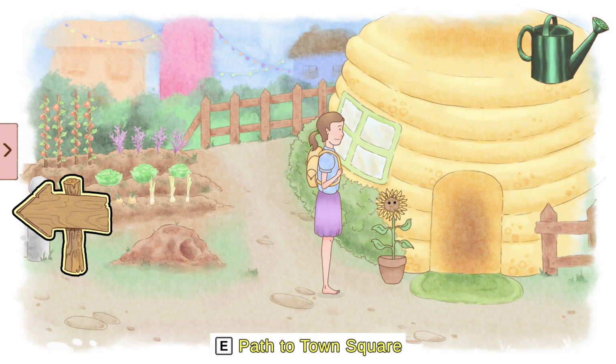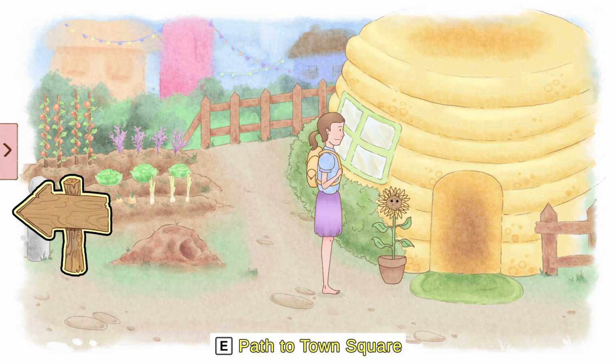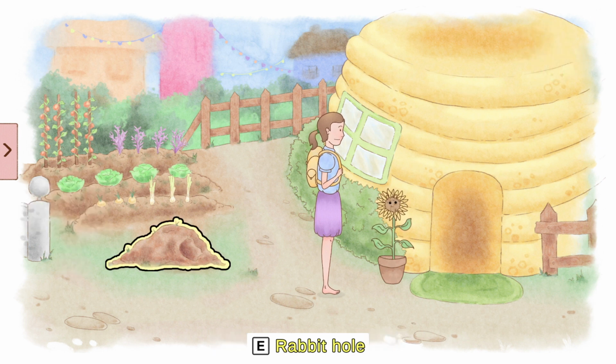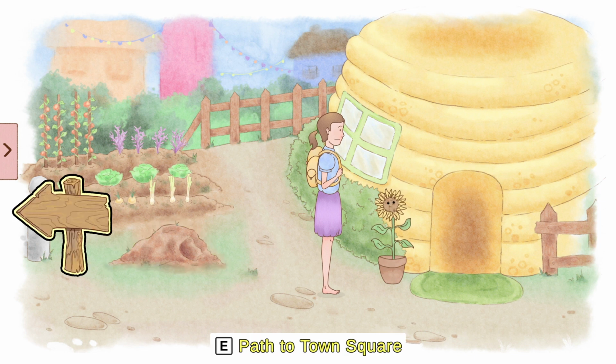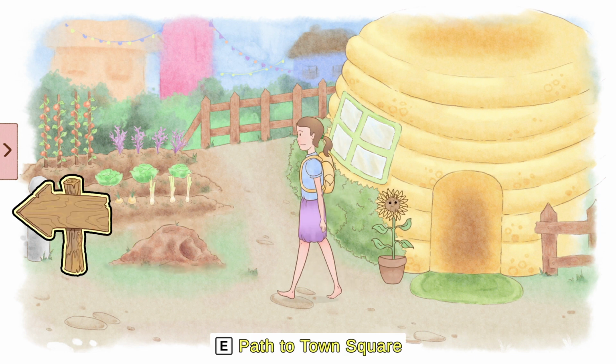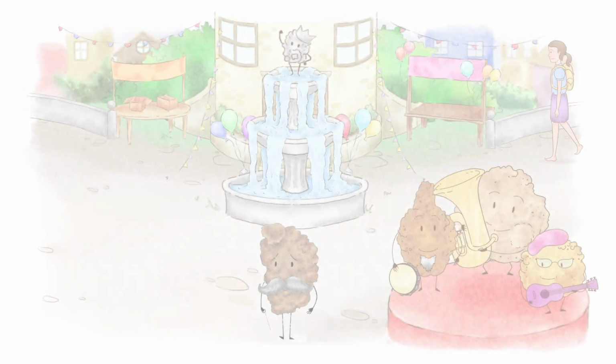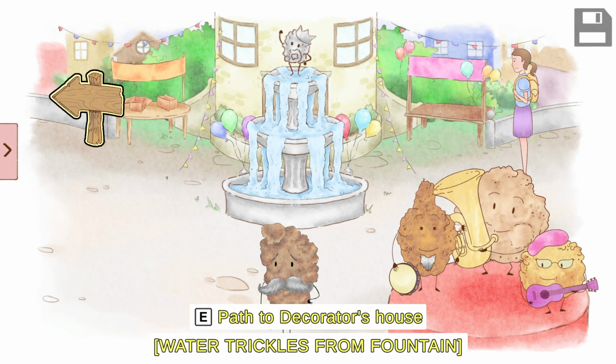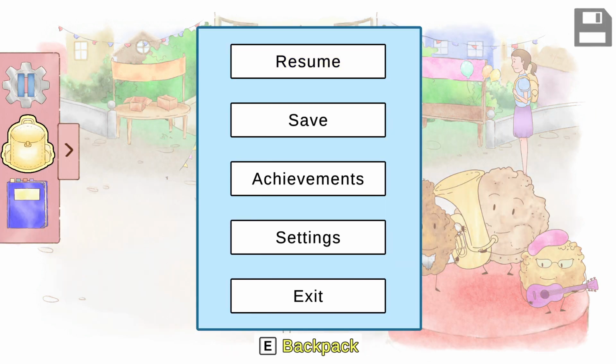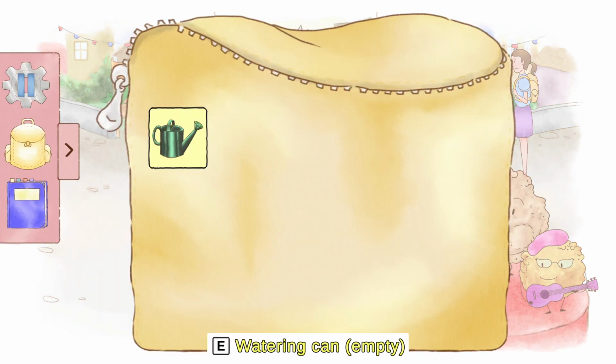Watering can. Empty. Added to backpack. Path to town square. Press E to select. Rabbit hole. Path to town square. Guess we gotta fill that up again. Auto saving. Path. Backpack. Watering can.